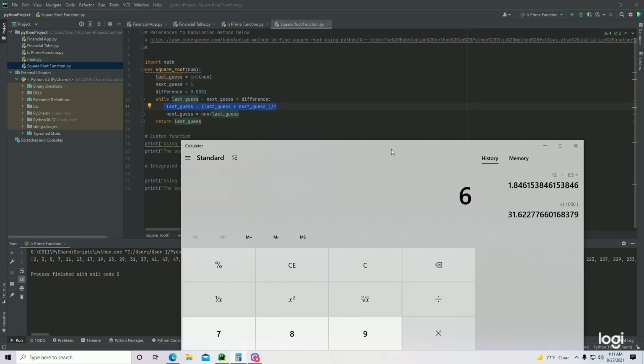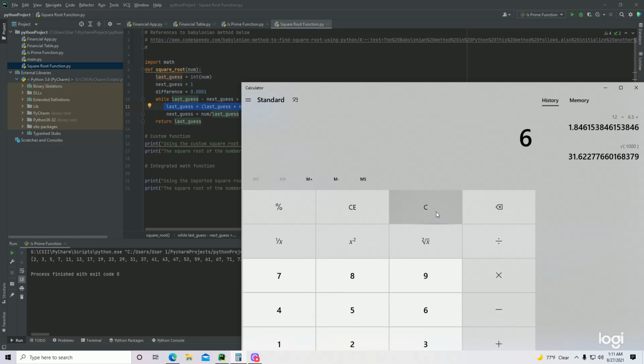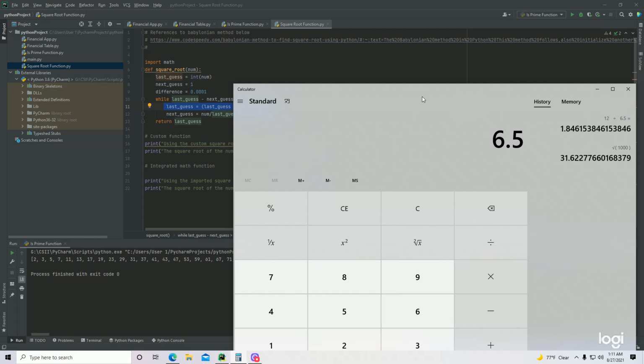I'm doing this part right here to get a new last guess. 6.5 divided by what our last guess was, or what our next guess was, which is that, or actually I messed up. It's last guess plus next guess.